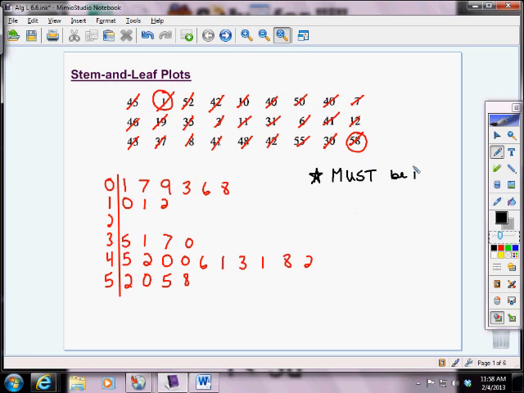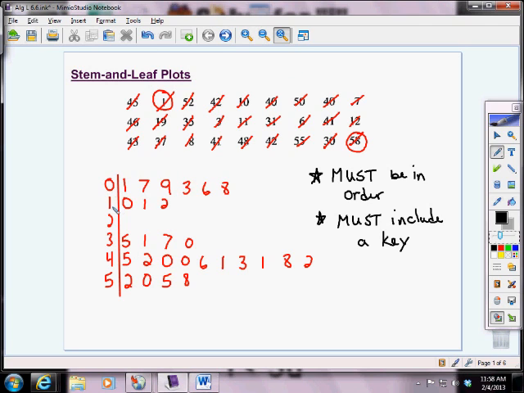Must be in order. The second thing for stem and leaf plots that we have to remember is that it must include a key. Now, what is a key? A key tells us what these numbers mean. Remember at the beginning I said we could have 5.2 or we could have 134?